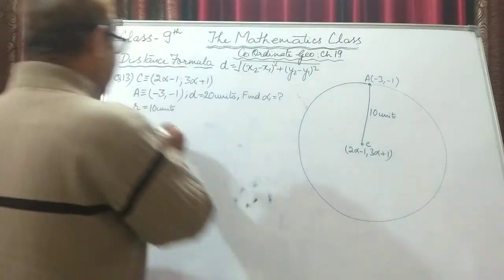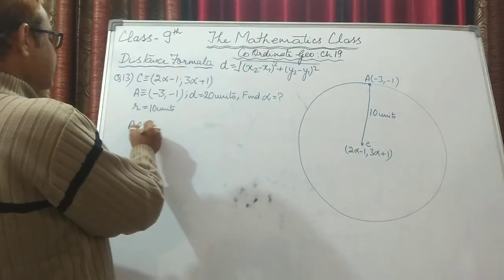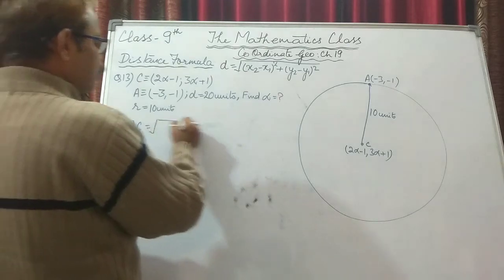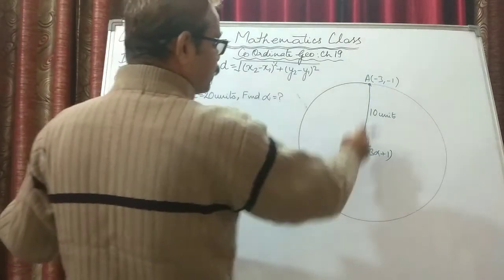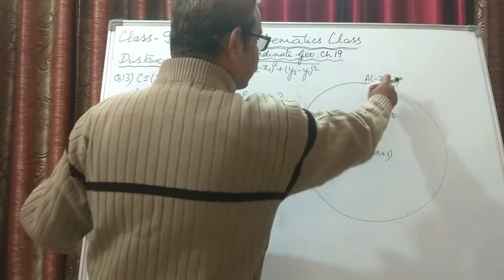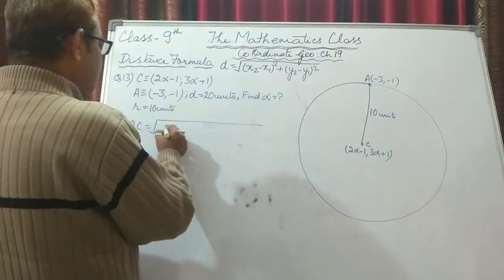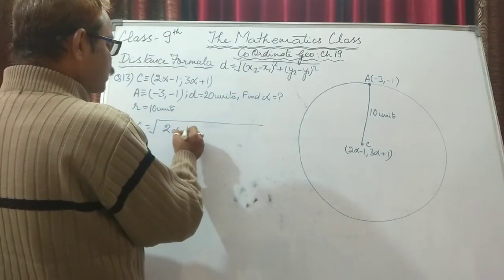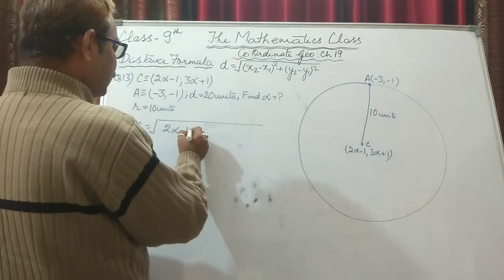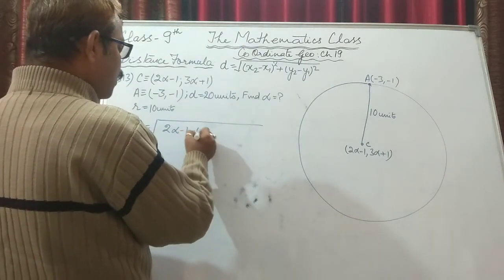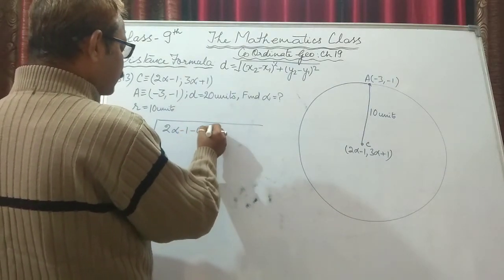Now we know that AC, that distance, can be written using the distance formula because the points are given. So x1, x2, y1, y2. x1 is 2 alpha minus 1, and x2 is minus 3.